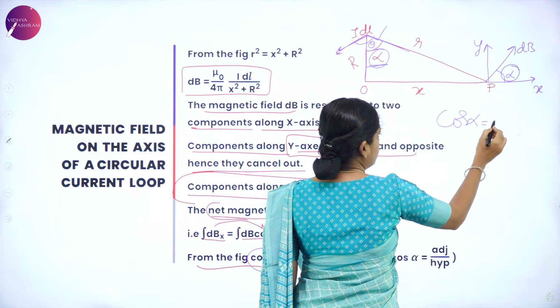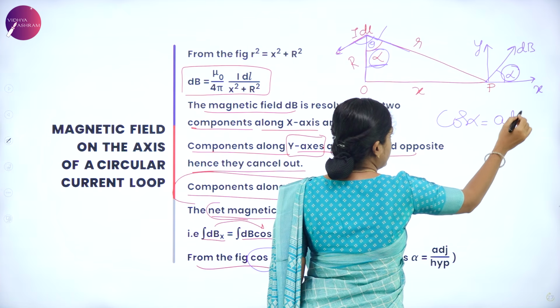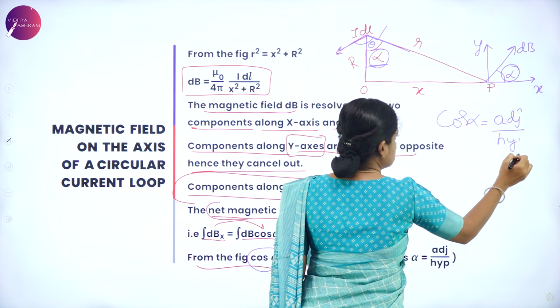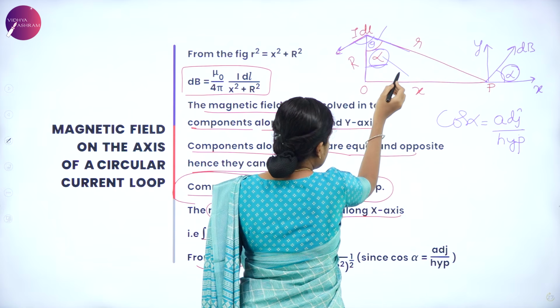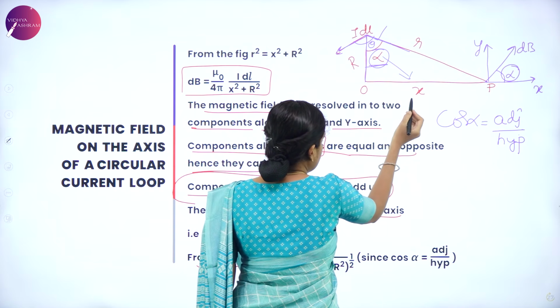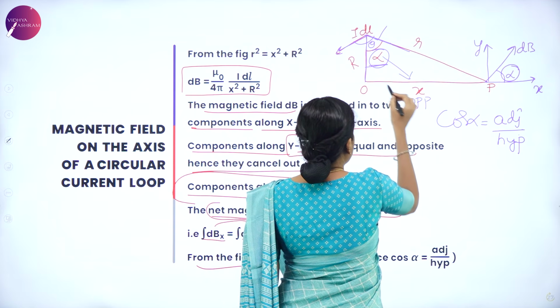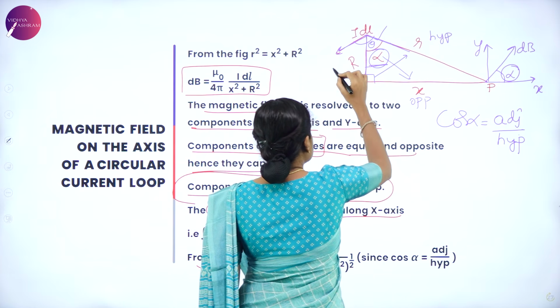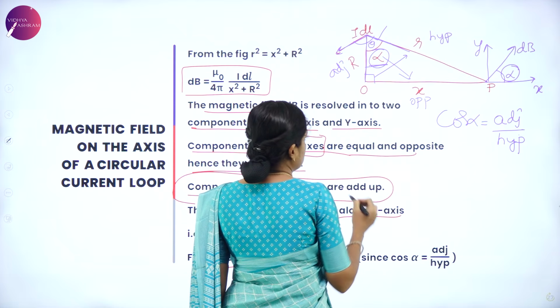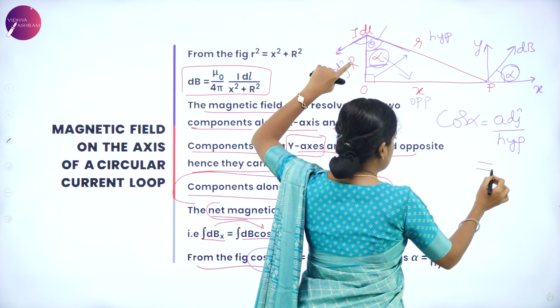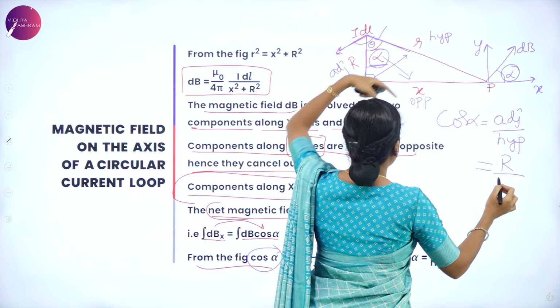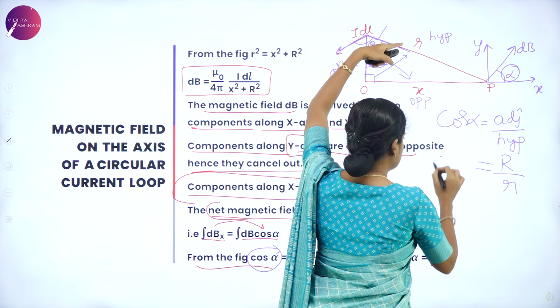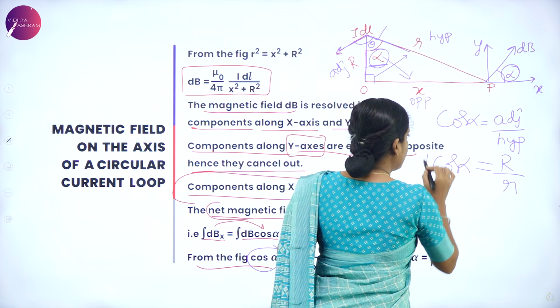Cos alpha is equal to adjacent by hypotenuse. The side which is opposite to the angle is opposite, and the side opposite to the 90 degrees is the hypotenuse. The rest one is adjacent. Therefore, the adjacent here is capital R and the hypotenuse is small r. So, what is the cos alpha value?